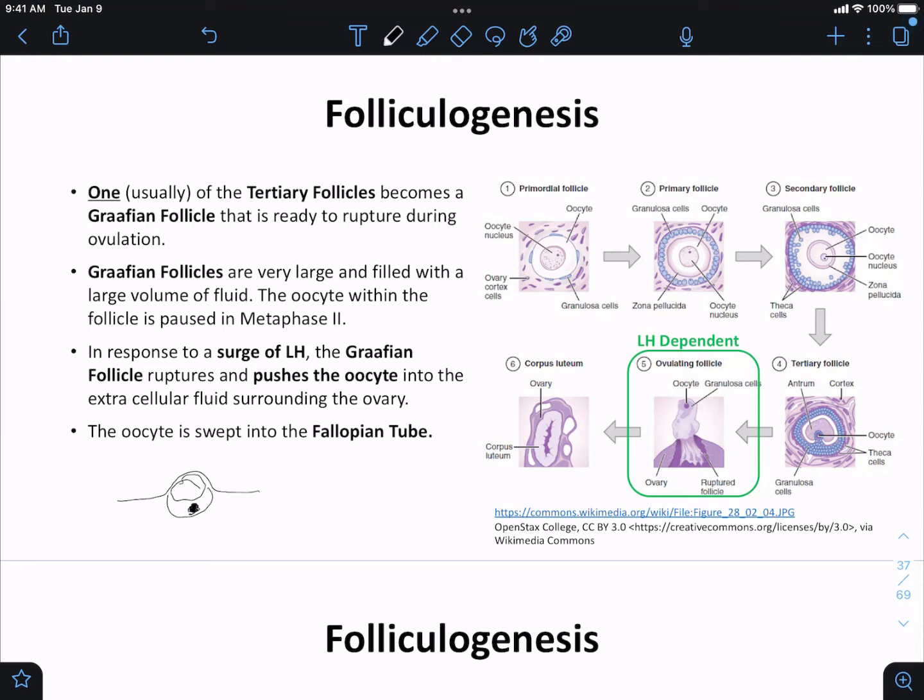A surge of LH causes a contraction of the tissue of the cells in the ovary, and essentially causes this follicle to squish and pop and rupture. This is actually an inflammatory response, and it can cause pain. Not every woman will feel that, but there are some that are sensitive to this pain, and they will feel a little twinge around the time that they ovulate.